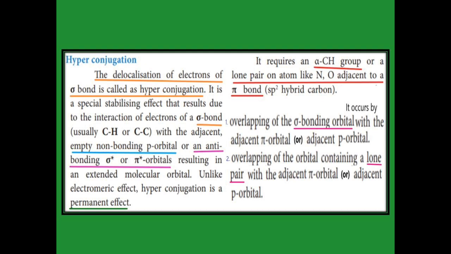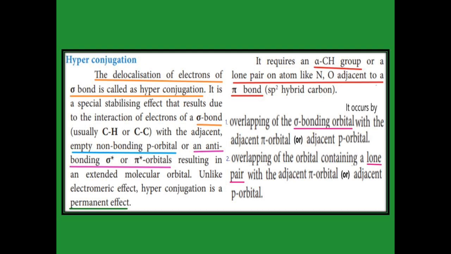This hyperconjugation effect is a permanent effect, and it requires an alpha C-H group or a lone pair atom adjacent to a nitrogen or oxygen pi bond. Also, hyperconjugation occurs by overlapping of a sigma bonding orbital with an adjacent pi orbital or p orbital.